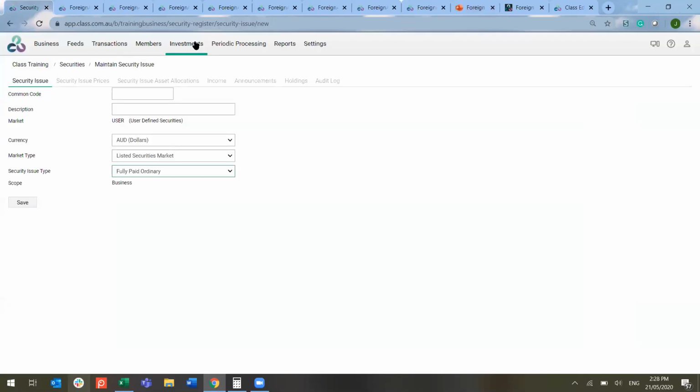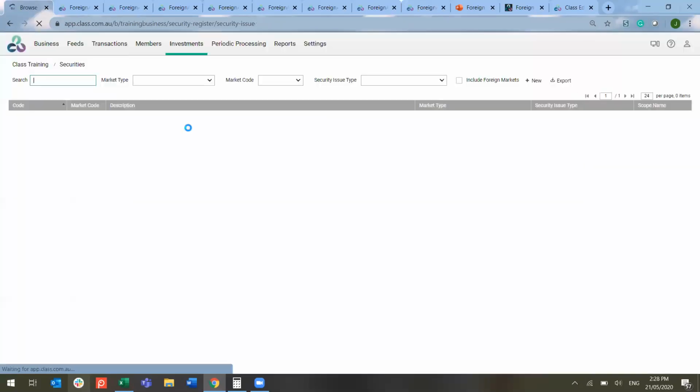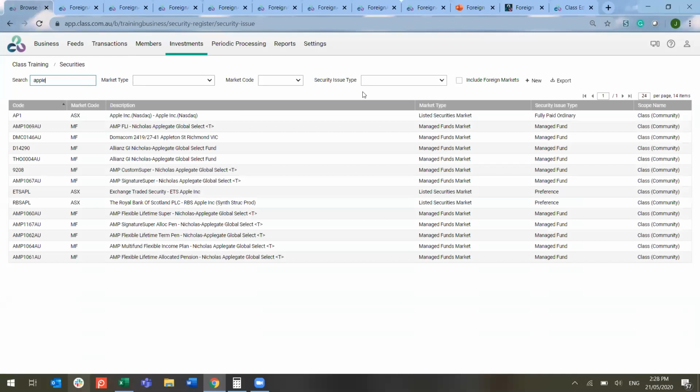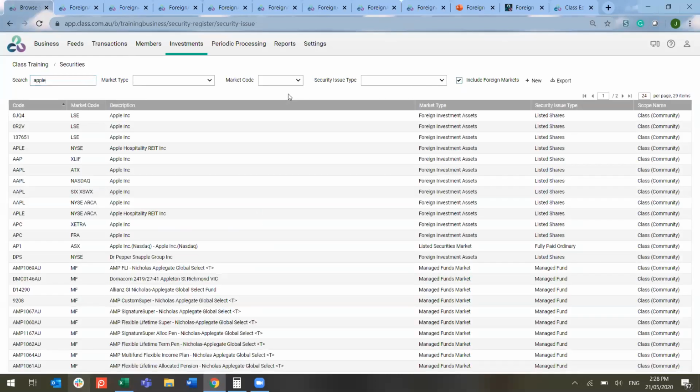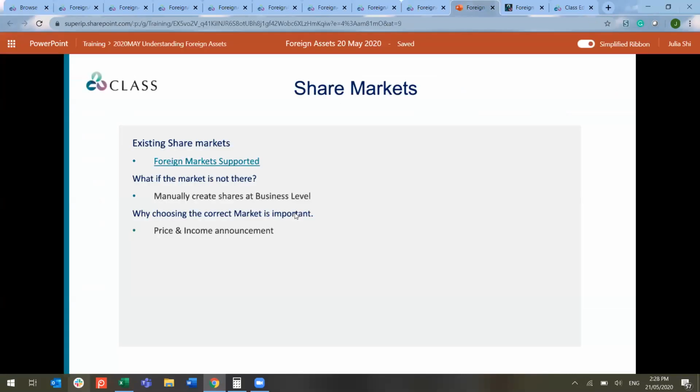In Class, if we go into browse holding accounts and search for Apple and then select foreign markets, you see how many Apple listings are supported in different markets. If you select an incorrect market or the currency is incorrect, you will probably end up with a different price. This causes problems for your members' balances.